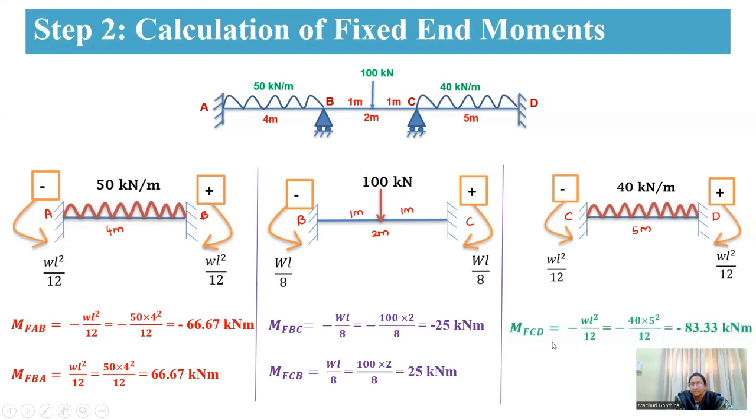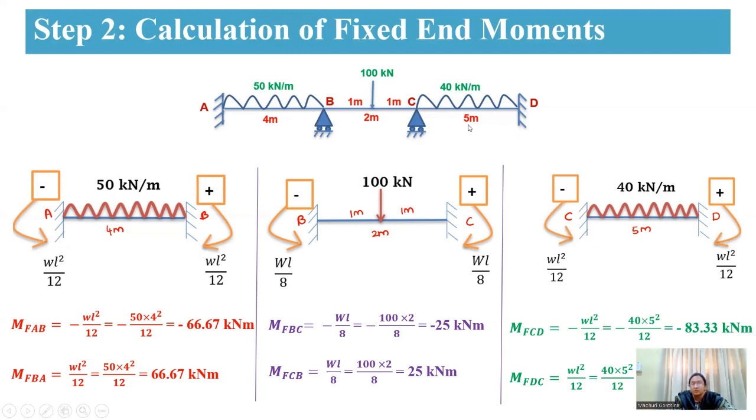Therefore you get the fixed end moments MFCD and MFDC, that is minus 83.33 and plus 83.33. These are the calculations of your fixed end moments. Using these, in the next step you are going to substitute in the slope deflection equations. For calculating the fixed end moments, you assume all ends to be fixed.